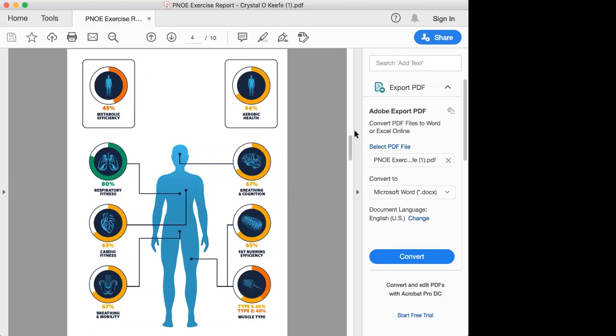Crystal, right now we're looking at the main page of the PNOE report. It outlines the different elements of human physiology that are scanned through the report, through the exercise test. Let's start off with metabolic efficiency, which is at the top left corner of the report.